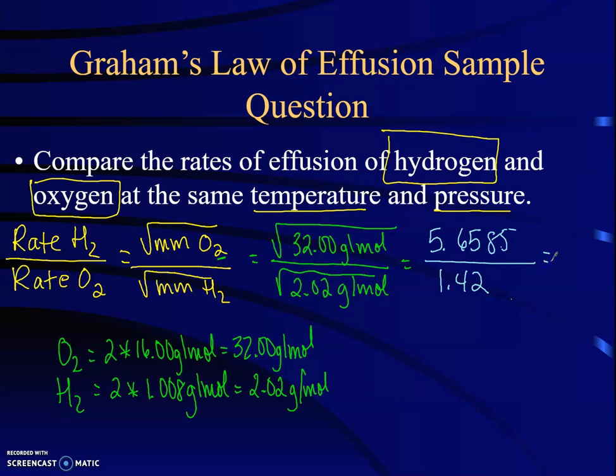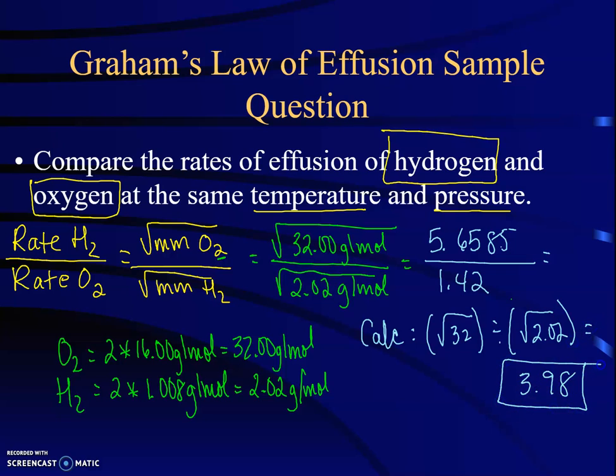All right, you can also plug this all in at the same time in your calculator by carefully using the parentheses. You can do parentheses square root of 32 end parentheses divided by the square root of 2.02 end parentheses, and you should get 3.98.